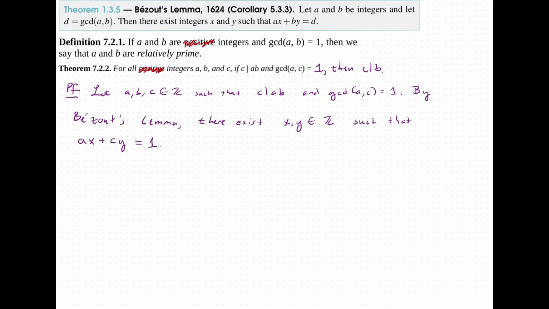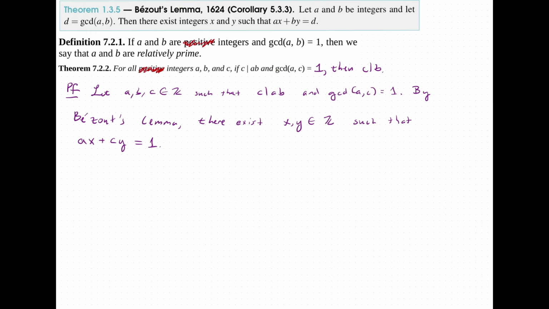But where do we go from this? We got this equation ax plus cy equals 1, but what we know is that c divides a times b. And so what we are going to do now is multiply both sides of this equation by b, because in doing so, we are going to introduce an a times b here, and then we have that condition that c divides a times b.